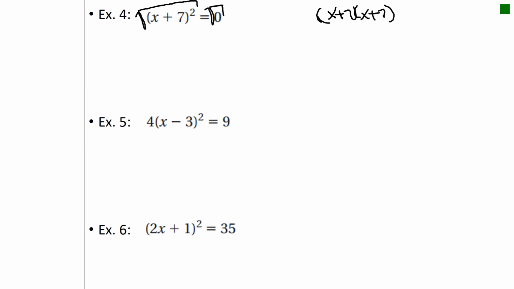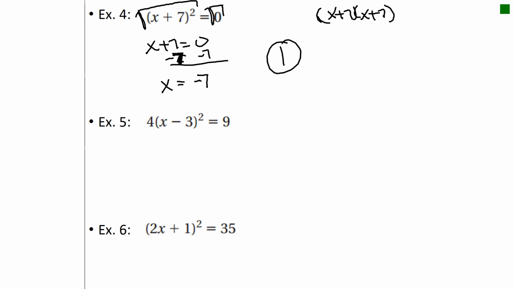We'll have x plus 7 equals 0 now, because the square root of 0 is 0. We did the square root on the left-hand side to get rid of that squaring. Now we're going to take away 7. x equals, oh, did I put a 2 there? Sorry, negative 7. This x-intercept is at negative 7. So we had one solution here.